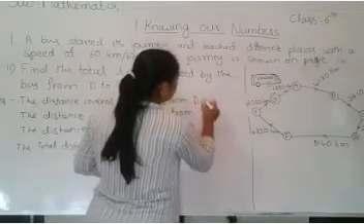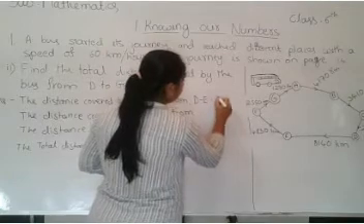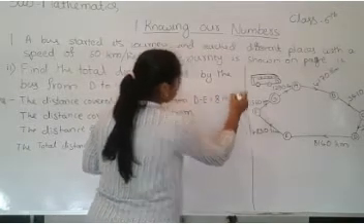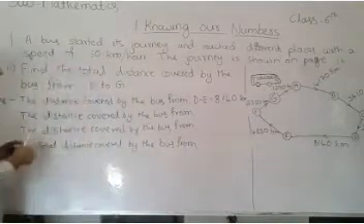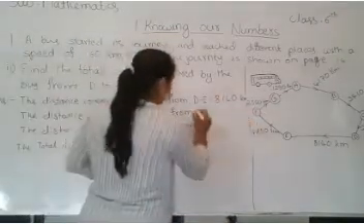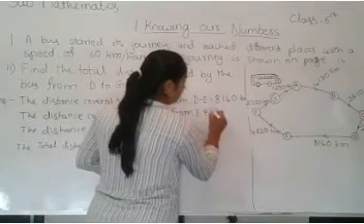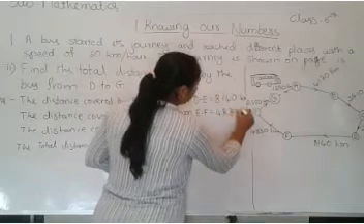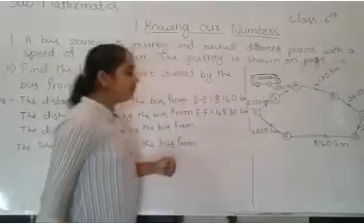Let's see here. The distance covered by the bus from D to E is 8140 kilometers. The distance covered by the bus from E to F is 4830 kilometers.